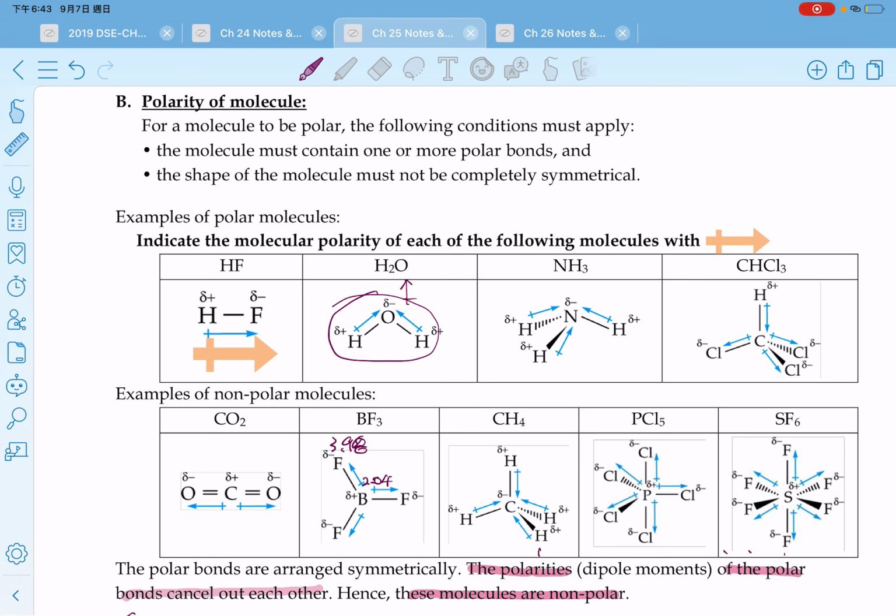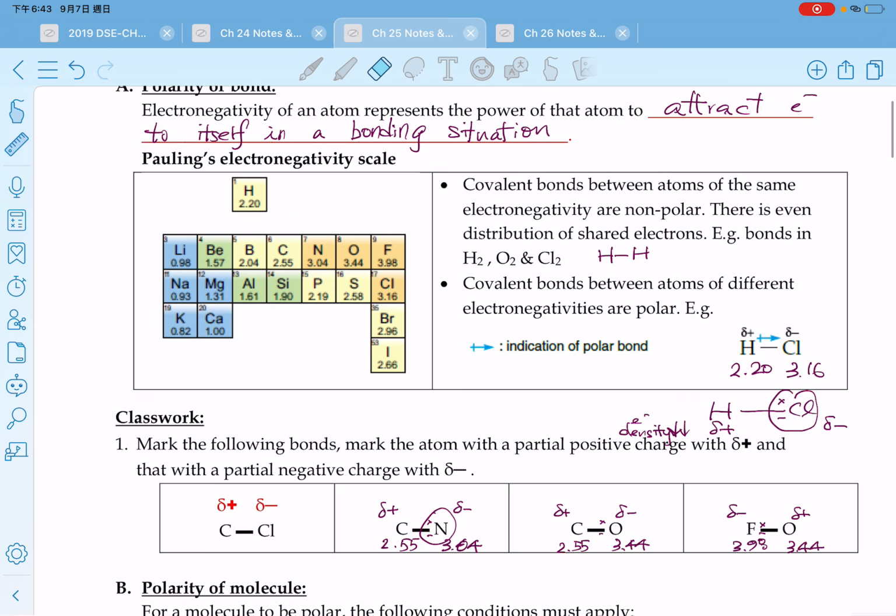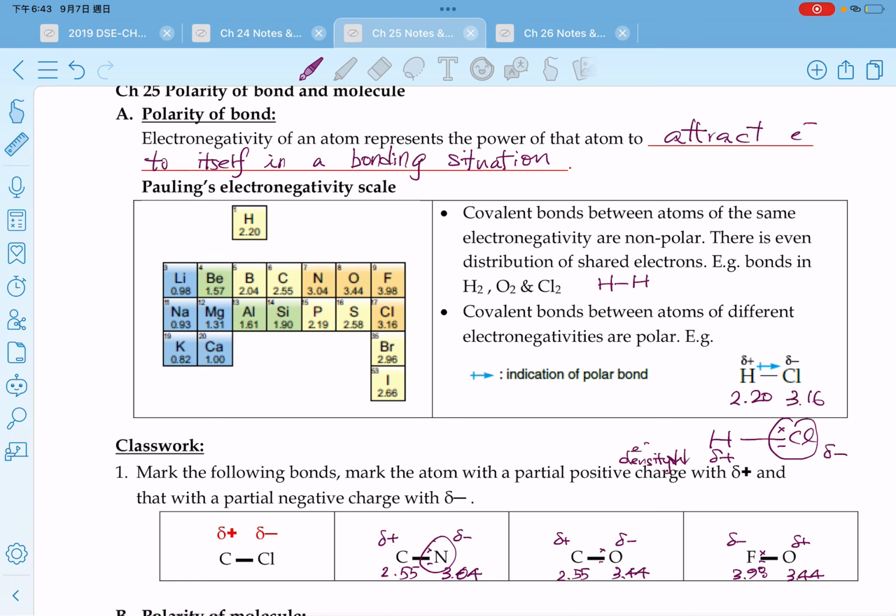Now, finally, you may find it difficult to think about what the values for the electronegativity are. In general, the power for attracting the electrons across a period is getting higher and higher because the number of protons is getting more.